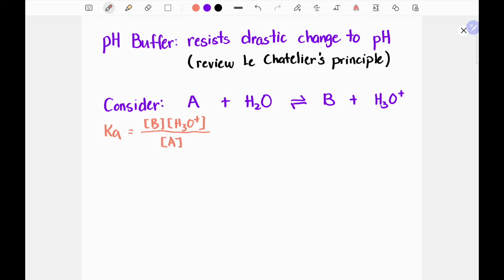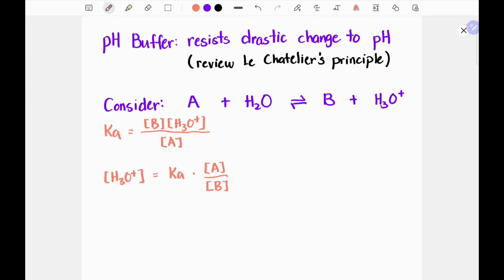Now, what if I want to isolate the hydronium ion on its own side? So if I wanted to have hydronium ion alone, the following transformation should make sense. That should be Ka times concentration of acid over concentration of base.